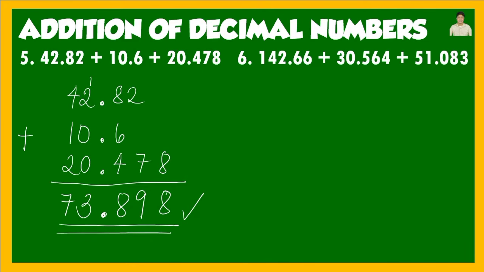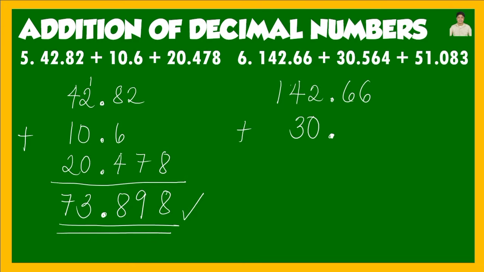So, again, kailangan po nating i-align yung mga decimals bago po tayo mag-add. Don't forget. Next. Ito naman, 142 and 66 hundredths plus 30. So, ayan, dito natin i-align yan.